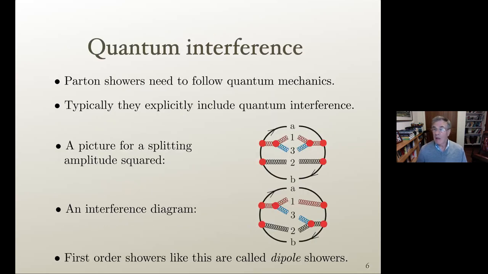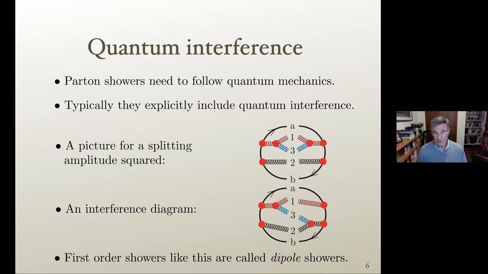Okay, let me talk just a moment about quantum interference. The parton showers need to follow quantum mechanics. So typically, the modern ones explicitly include quantum interference. I've drawn here a picture of an amplitude squared. This is an amplitude, that's a conjugate amplitude, and I just squared the amplitude. In the very earliest days, that's what you had, the amplitude squared.